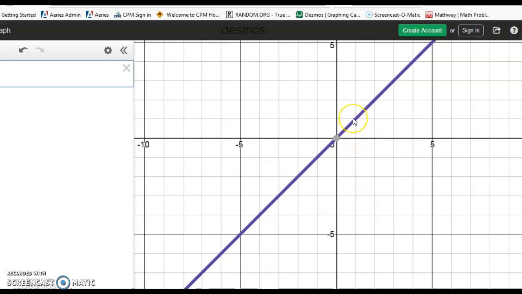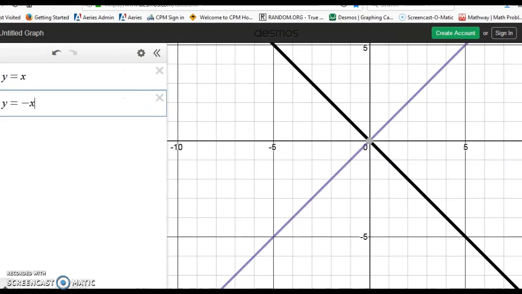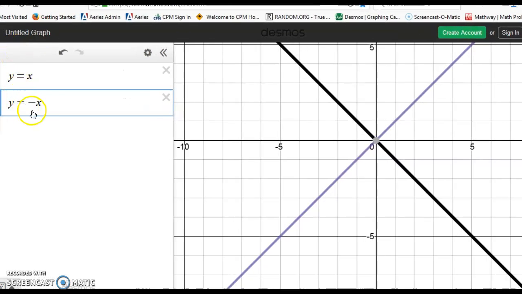If I rotate it clockwise or counterclockwise, what we should have gotten was something that looked like this, and my slope is actually negative. So notice that a positive 1, and then we're going to have a negative 1 as my slope. So that's one of the pictures.